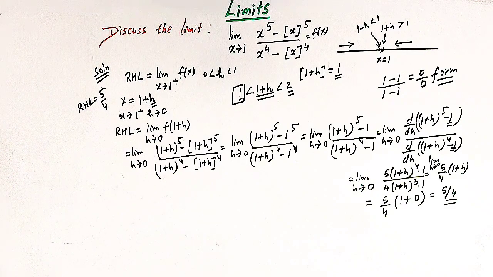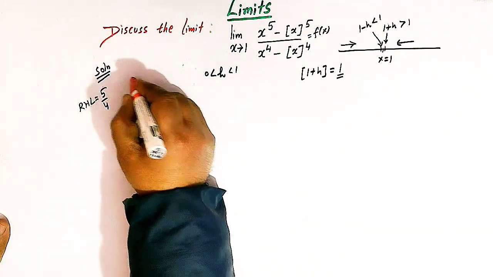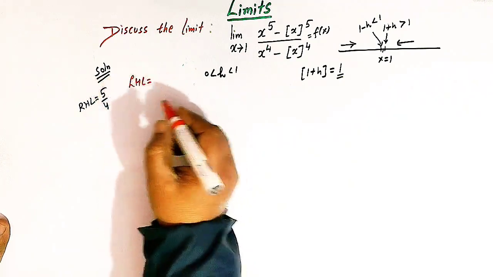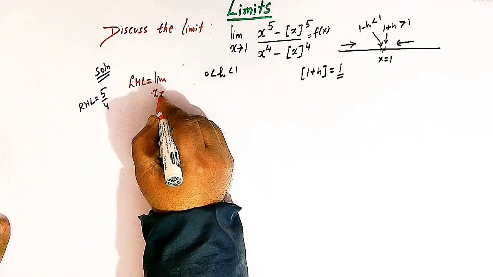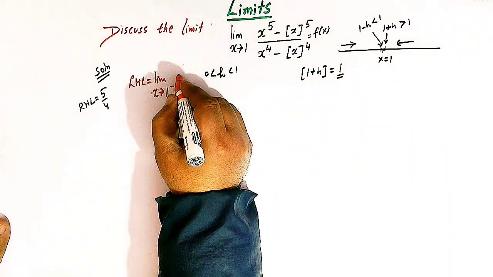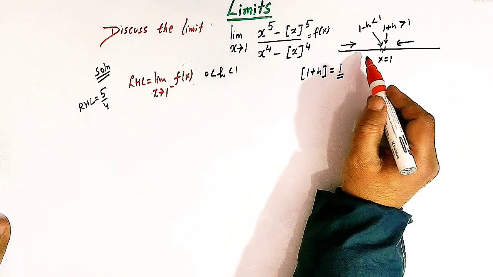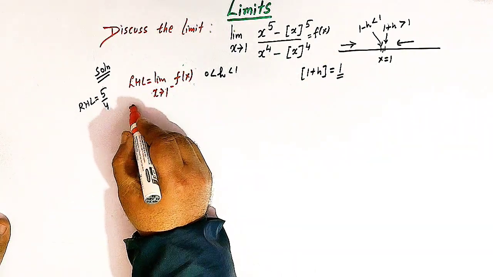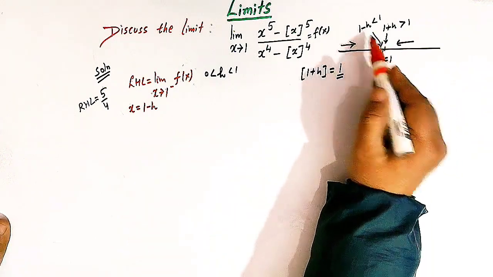Now let us find out the left hand limit. So now we have the left hand limit as LHL, and this is limit x tends to 1 with a negative sign, of f of x, right? So when we calculate the left hand limit, we take x is equal to 1 minus h, as we have already explained.